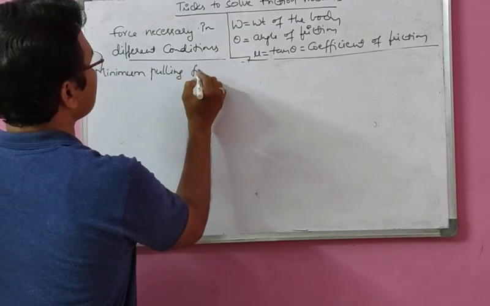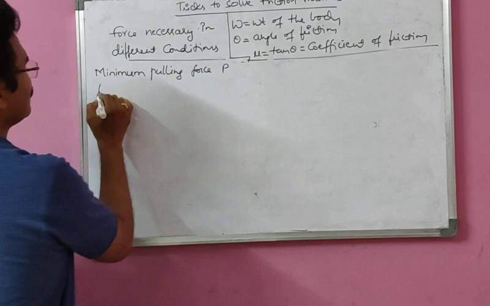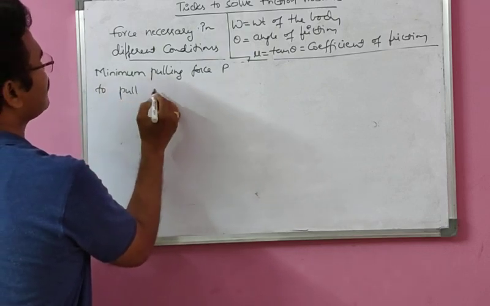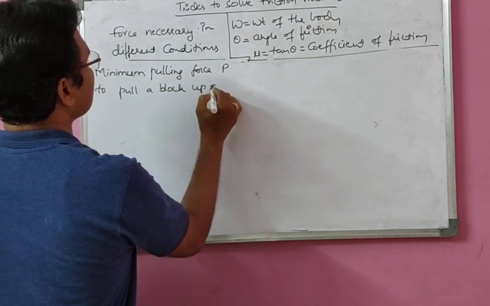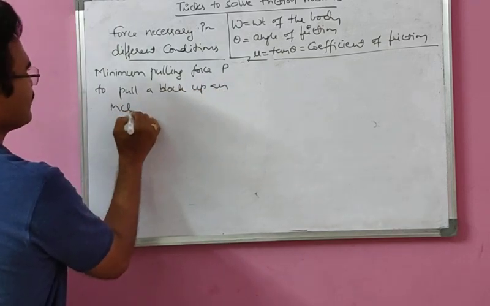Minimum pulling force P to pull a block up an inclined plane.